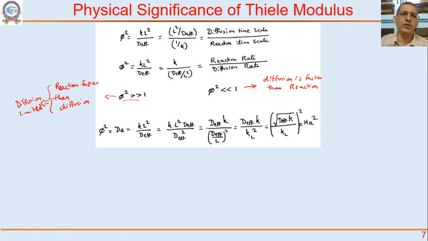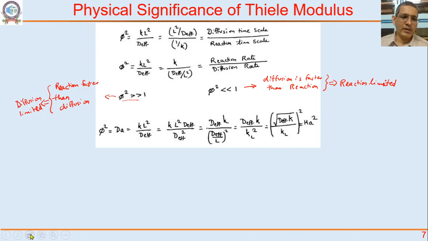If diffusion is slower, then diffusion is limiting. If reaction is slower, this means it is reaction limited. The rate determining step is reaction in this case. The rate determining step is diffusion in this case.